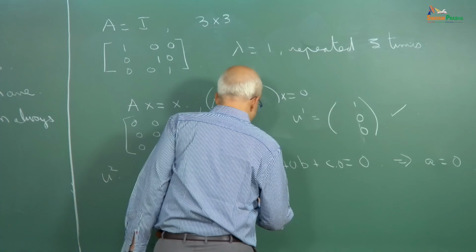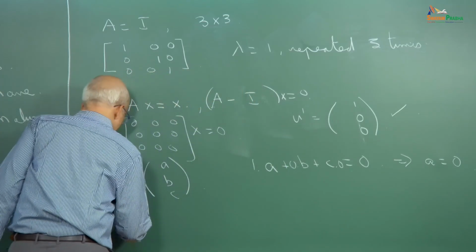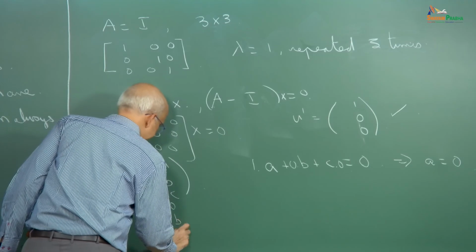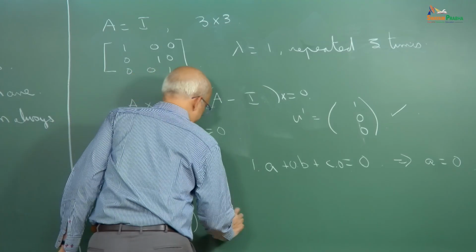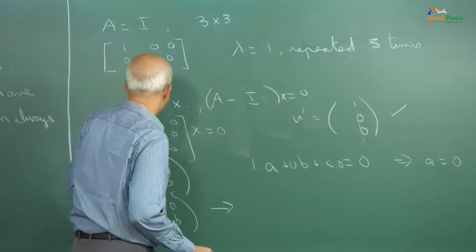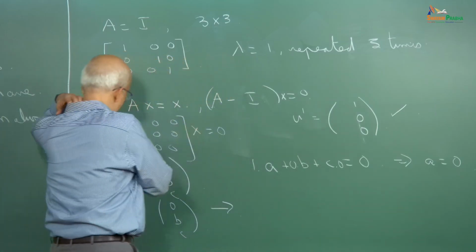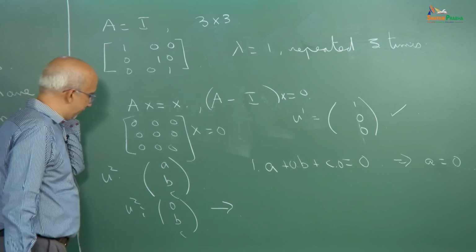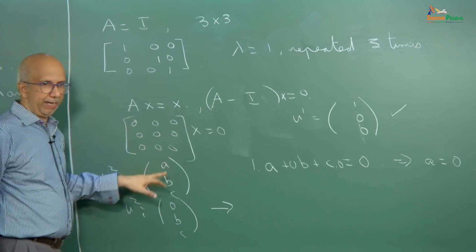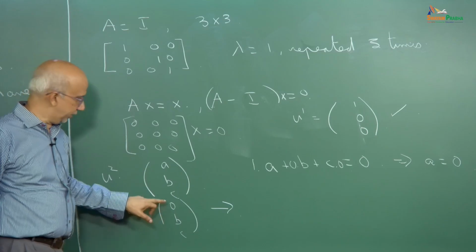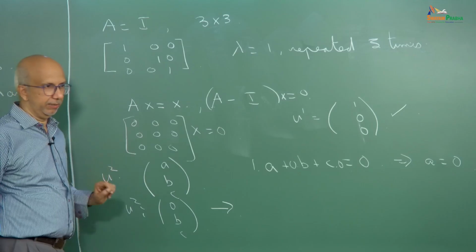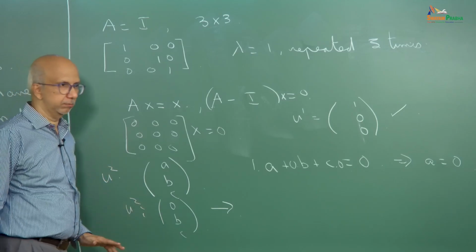So I am going to choose my eigenvector u2 to be of the form 0, B and C. There is an arbitrariness, because everything is 0. As long as my first element is 0, I am guaranteed orthogonality. B and C I can choose the way I want.